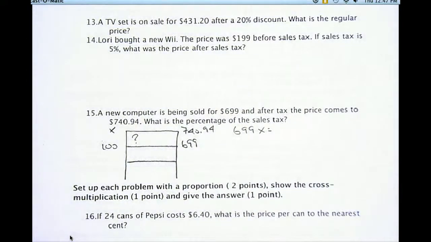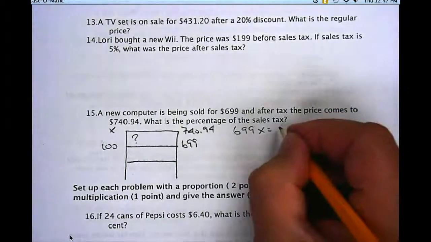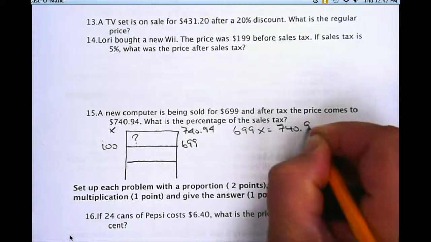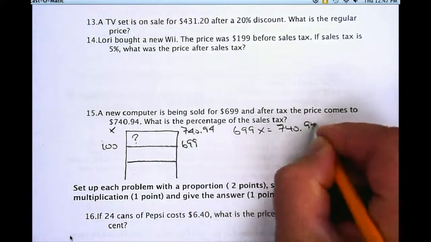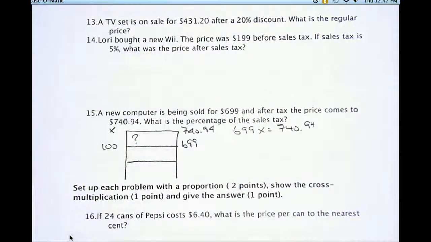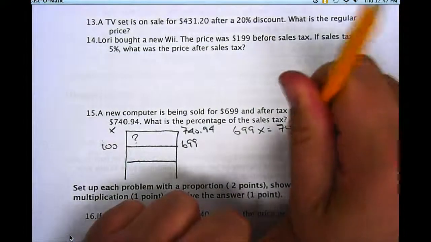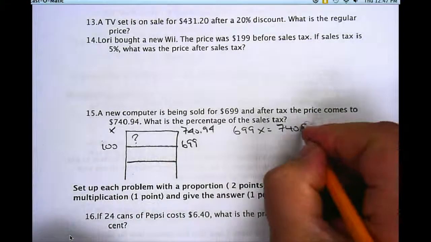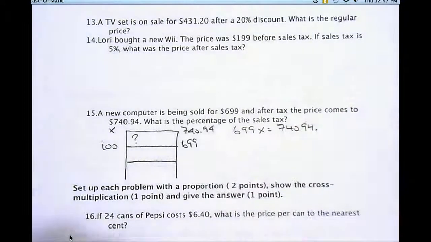That's 699x, and 100 and 740.94 are cross products. If I multiply that by 100, I just move the decimal point over, so it's 740.94 with the decimal point after that.